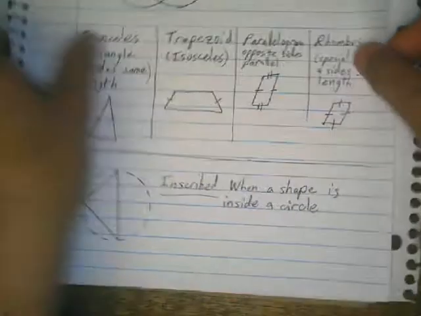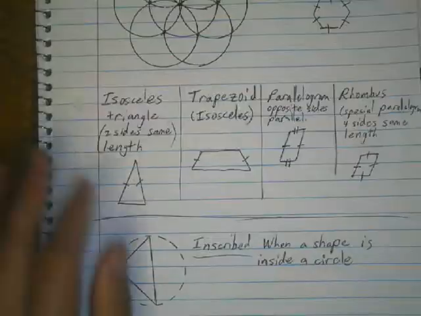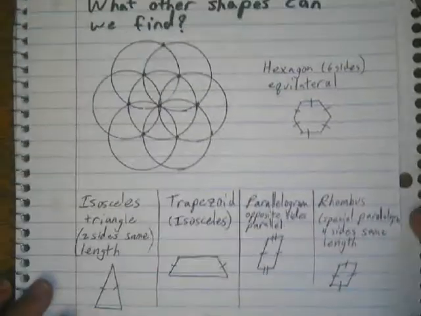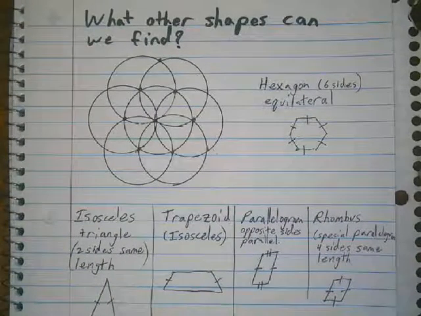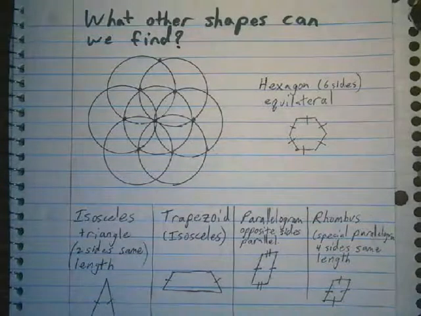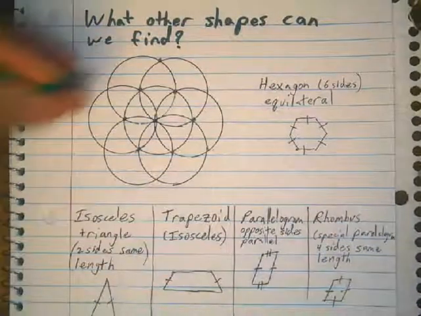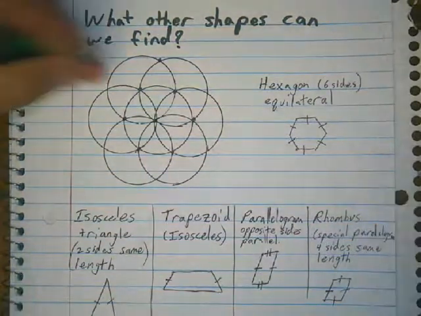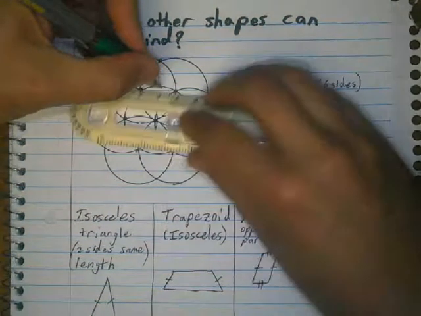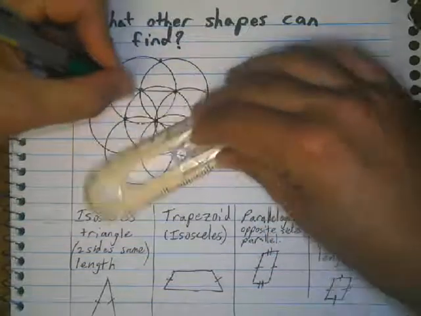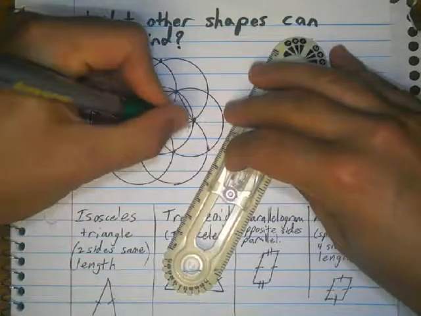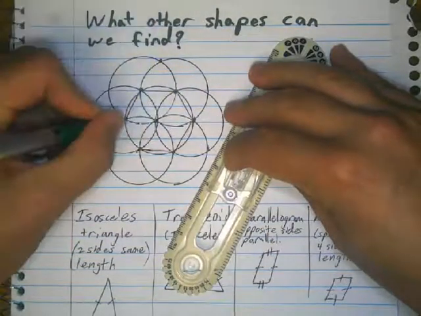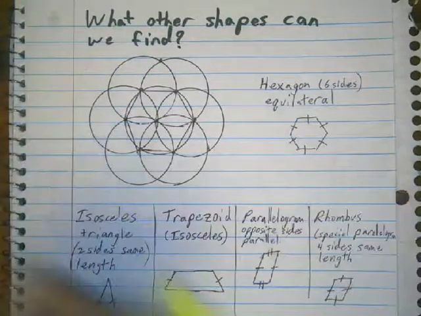And if you need to pause and take time to draw this, please hit pause and play as you need to. So here's the same drawing. If I connect all of these dots right here, I can create a hexagon.